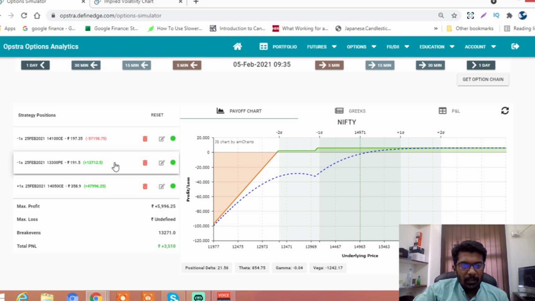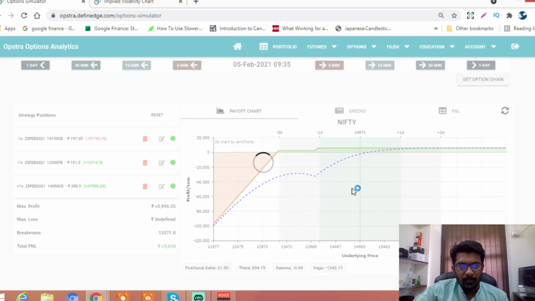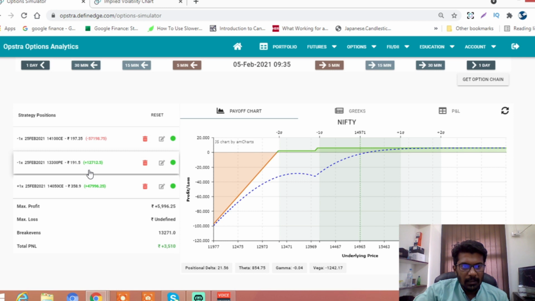And one more thing you can do here is, since market has gone so high, you can book profit in the 13,300 put which we sold earlier. So this is the original put. We sold 14,100 call and 13,100 put on the 1st of February.